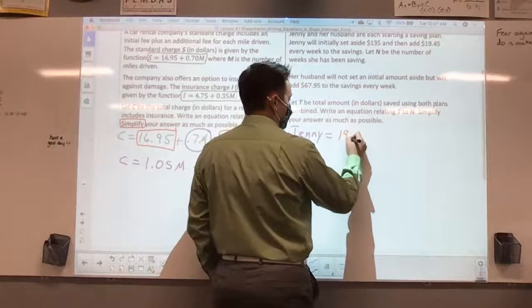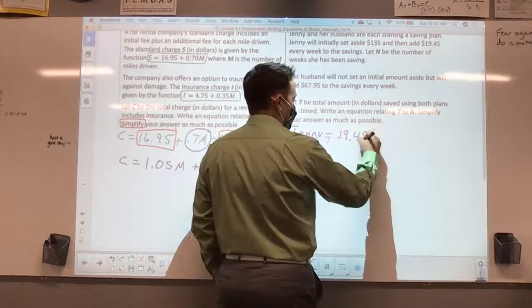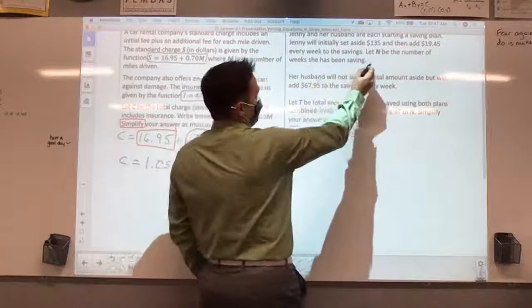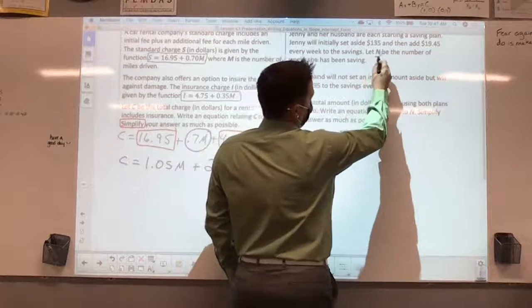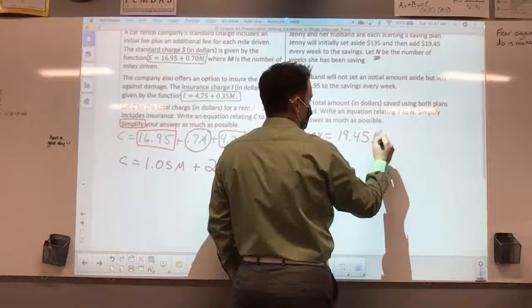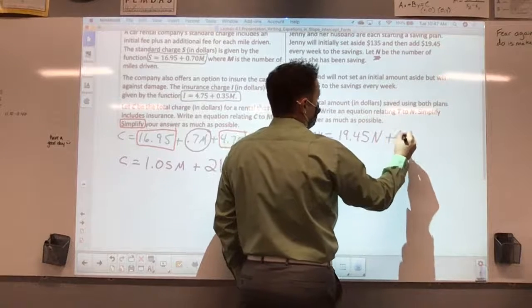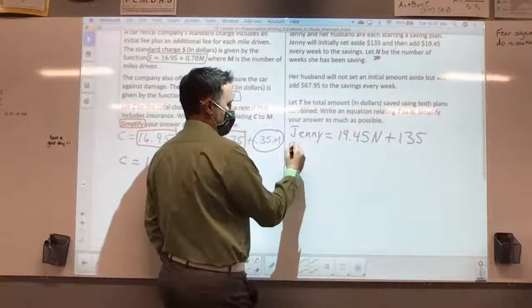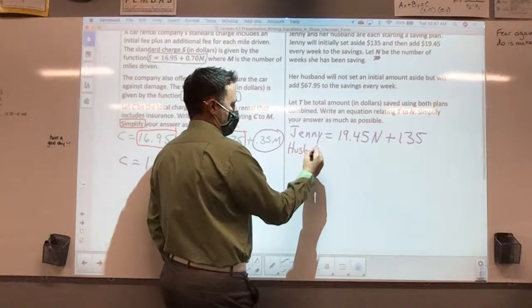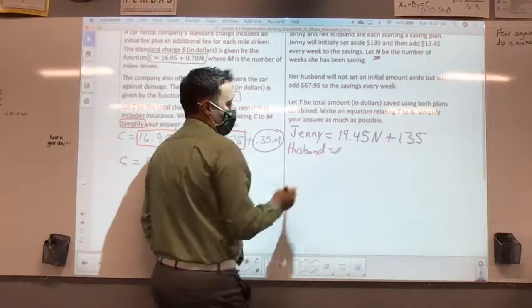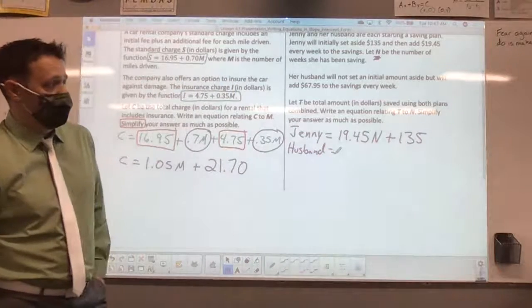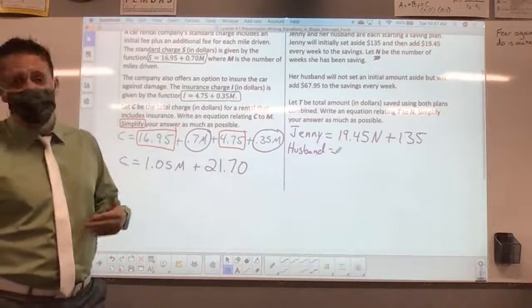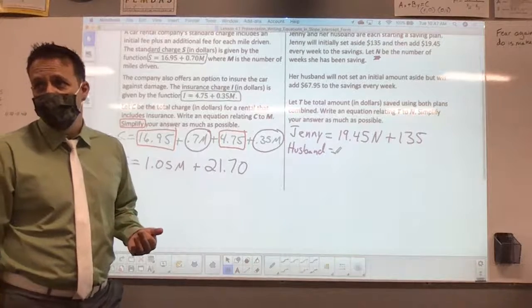So she's going to go $19.45, and then right here it says let N be the number of weeks, so it'd be 19.45N plus her starting dollar amount of $135. Husband, what's he putting in? He's not putting anything in, but he's going to put how much aside every week?